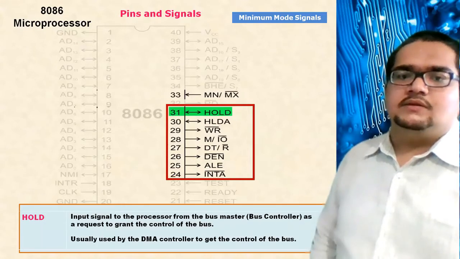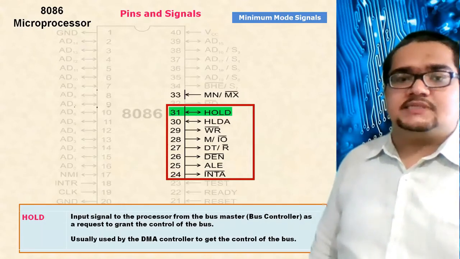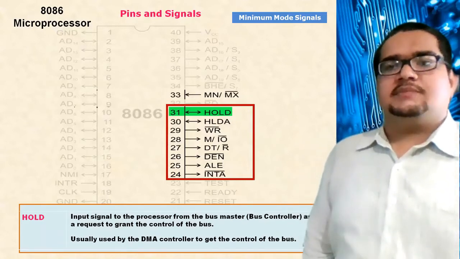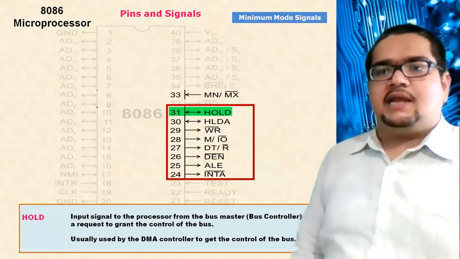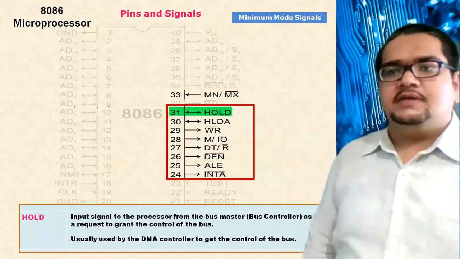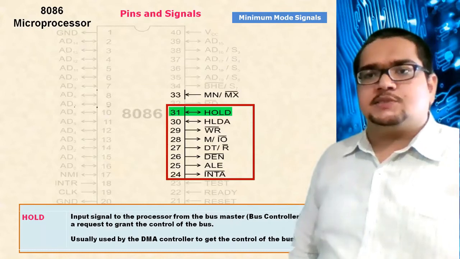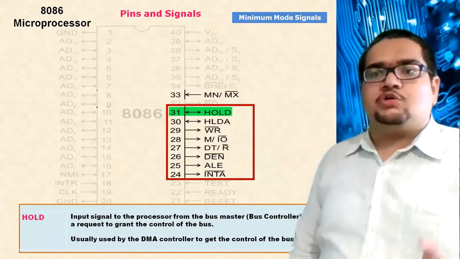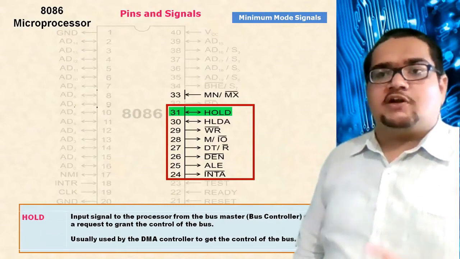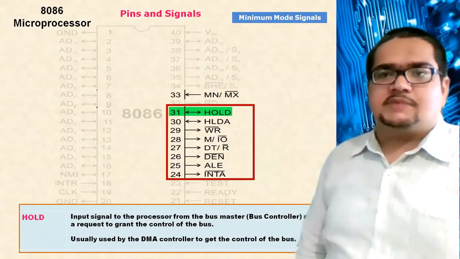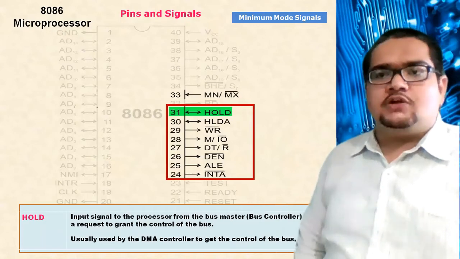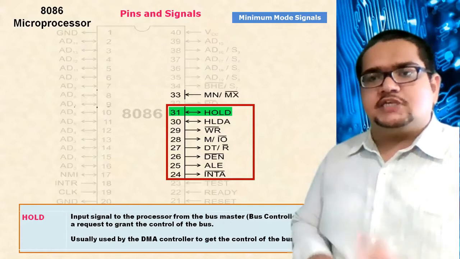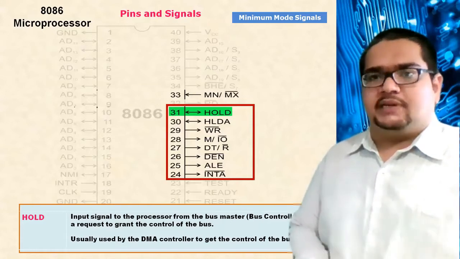Okay. Now the next two pins are hold and hold acknowledgement. Now we know that every time an input device, a memory and an output device are connected to the system, sometimes some operations between the input device and memory do not require the involvement of the processor. Suppose you type something on the keyboard and you do not need to do any processing on the data you are typing in. You just want that typed data to be stored in memory.